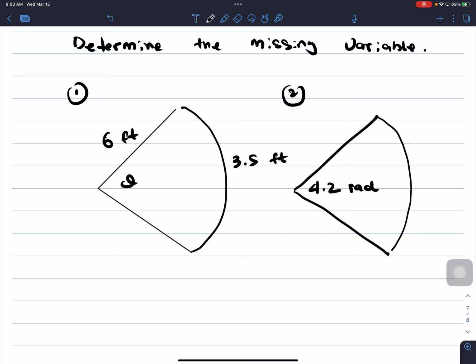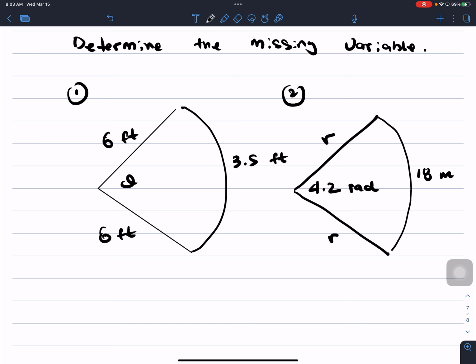And then they're going to say here, this is going to be 18 meters. Notice R is missing, and theta here is missing. This is 6 feet though, as you guys know that. This has to be the same. So I want you guys to determine the missing variables.